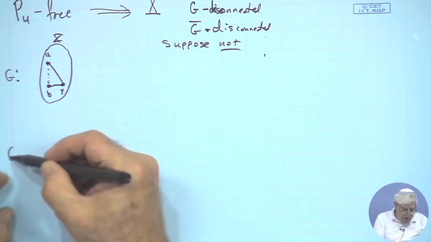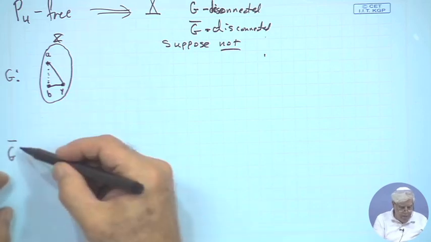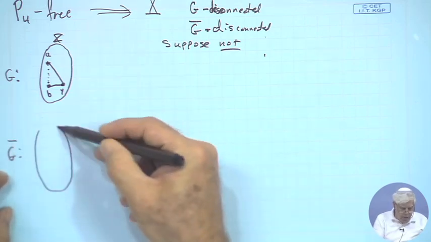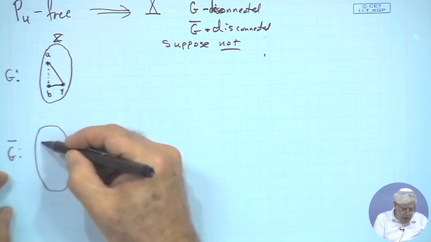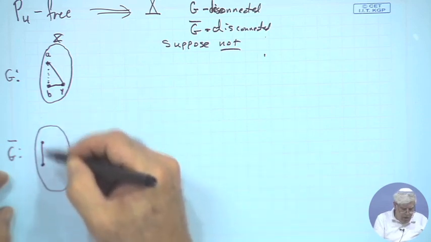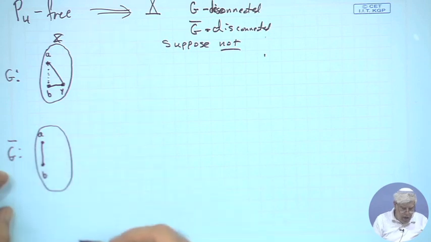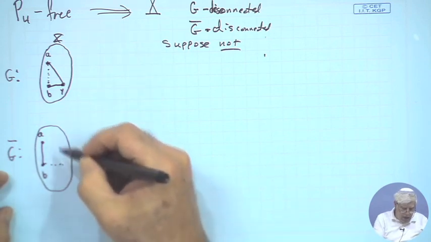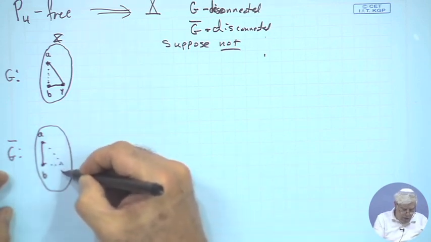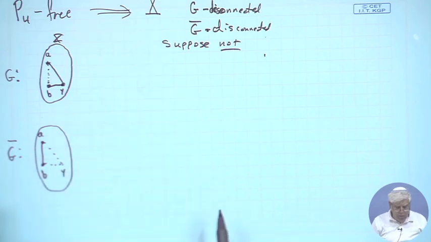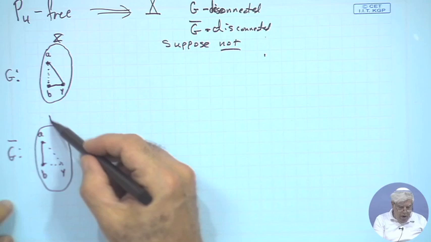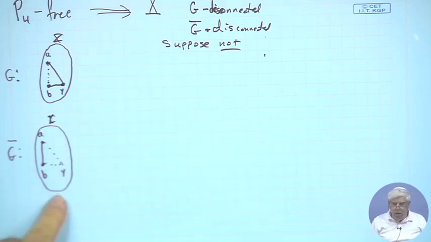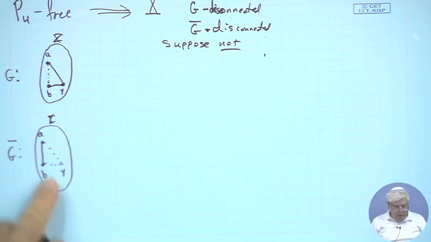Now, what's going on in G bar in the meantime? In G bar, A and B are connected, and they are disjoint from Y. But X in G bar is also connected. So there must be some way to get from A to Y.